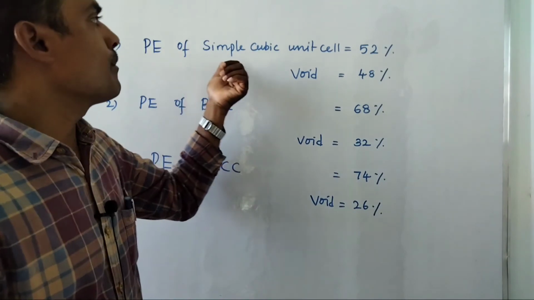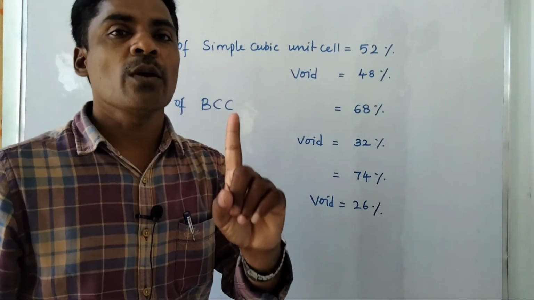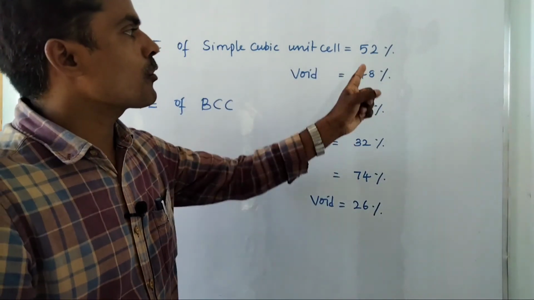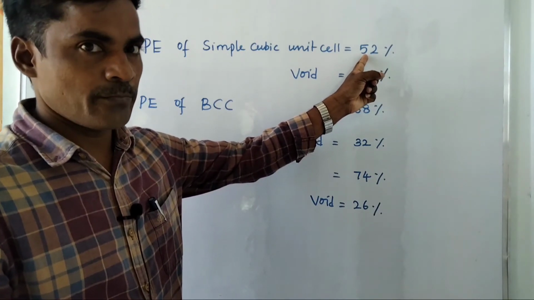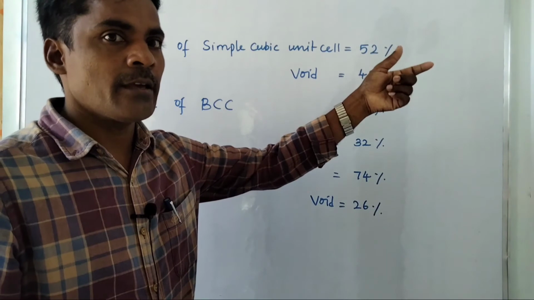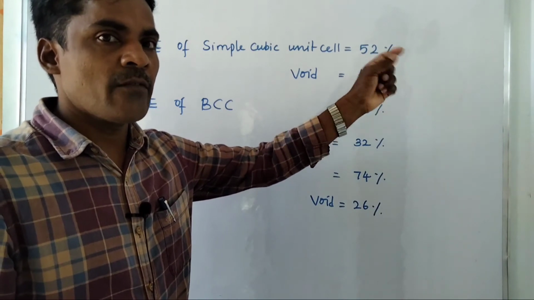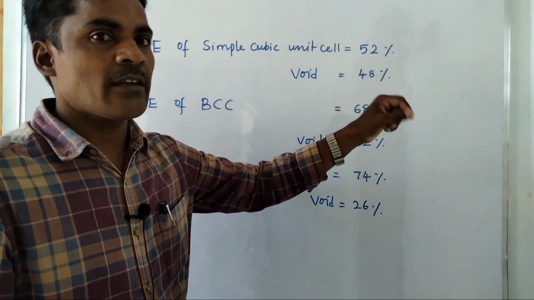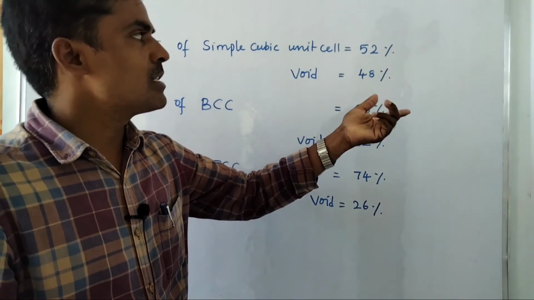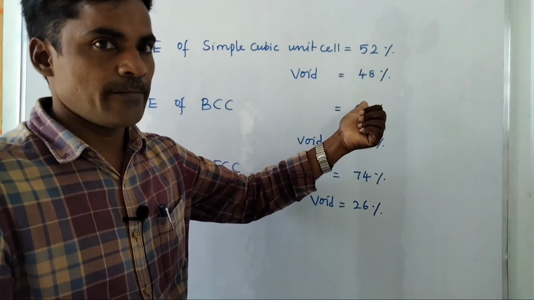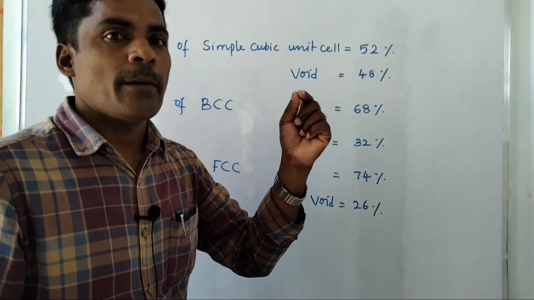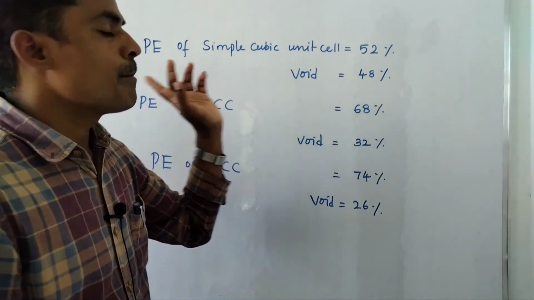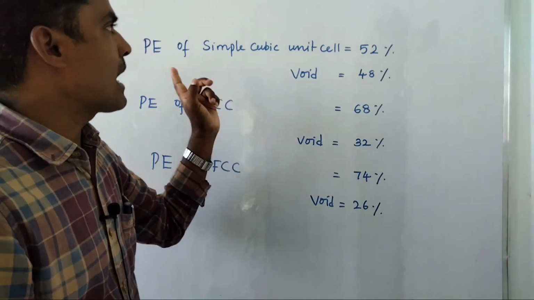The packing efficiency of the simple cubic unit cell is 52%, meaning the simple cubic unit cell contains only one atom, and that one atom occupies 52% of the volume. The volume covered by the atoms in one unit cell is called the packing fraction, and the percentage is called the packing efficiency.